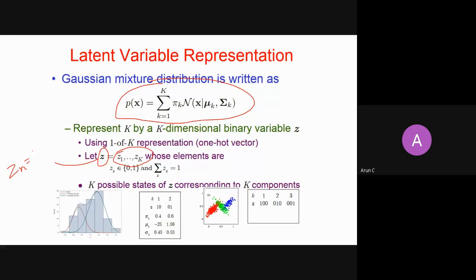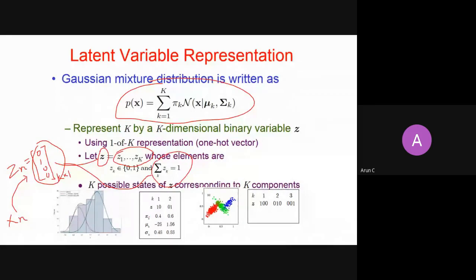This vector's dimension will be k by 1, because there are k clusters, and you are assigning your xn point to one of the clusters. Hence, it can be a one-hot vector encoding, and if you sum all the components of this Z, it should always be equal to 1.